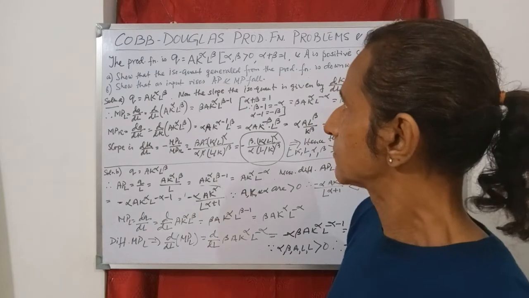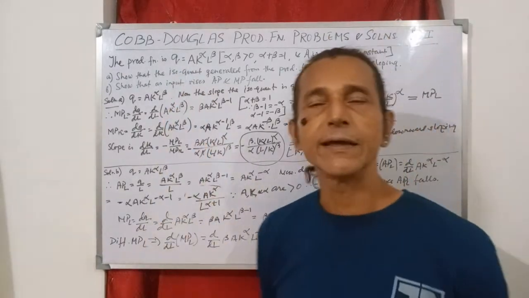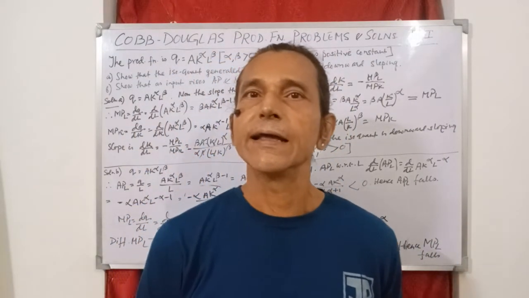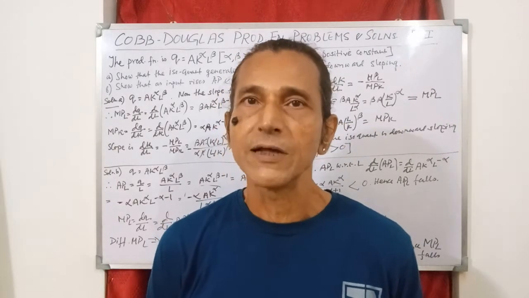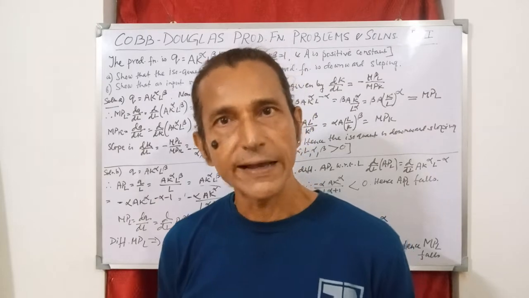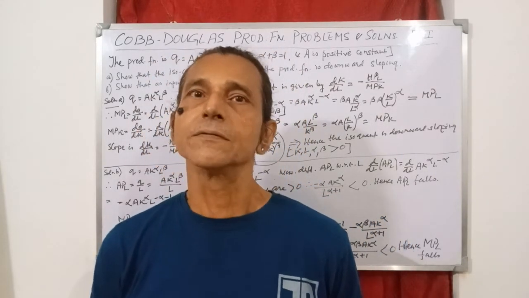What is the problem? The problem is that the Cobb-Douglas production function is given, that is Q equals A K to the power alpha L to the power beta, where K and L are capital and labor respectively. Alpha plus beta is equal to 1. A is a positive constant, A is technology, and alpha and beta are greater than 0.